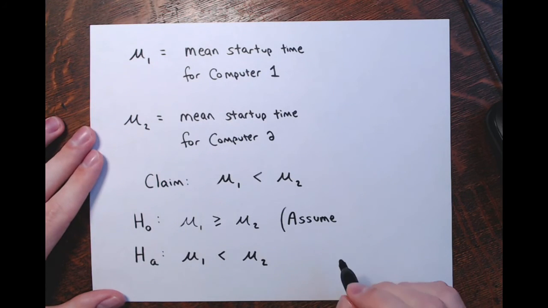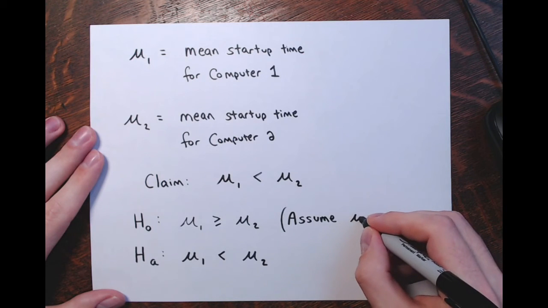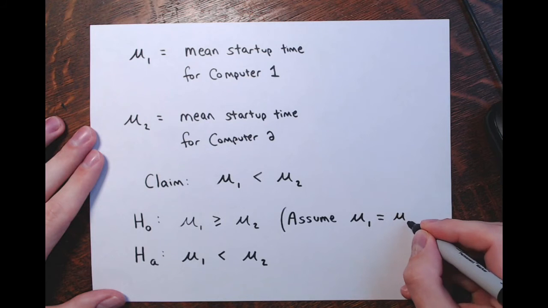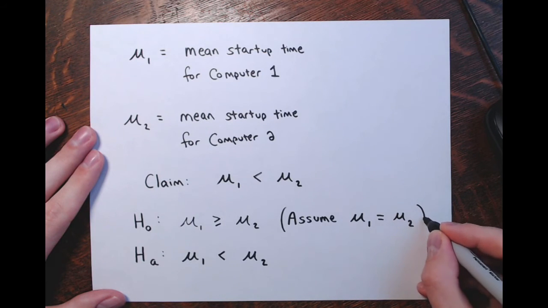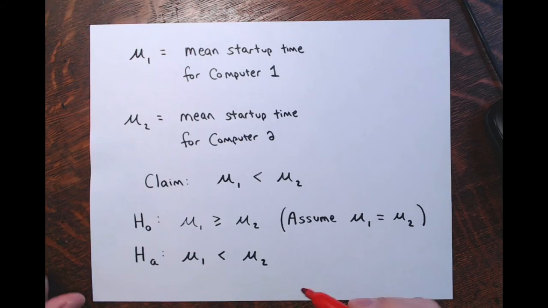But later on, when we perform more steps, we're going to be assuming the equality. We're going to assume that the two speeds are equal, that they're just as fast as each other.